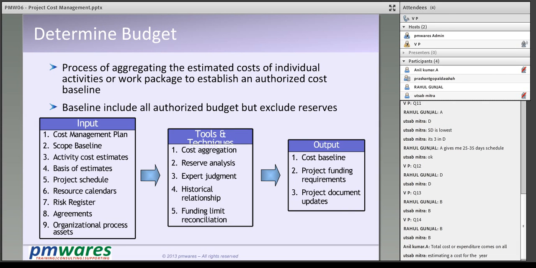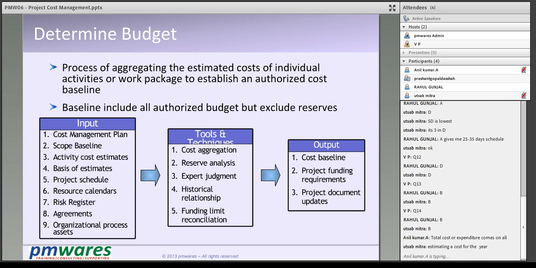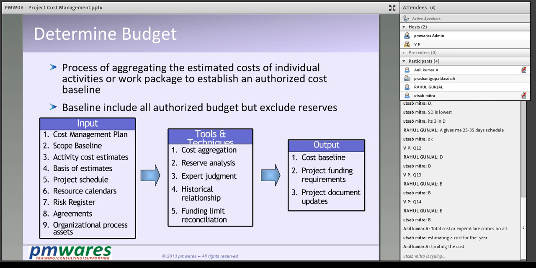So what is the difference between estimation and budget? Limiting the cost.